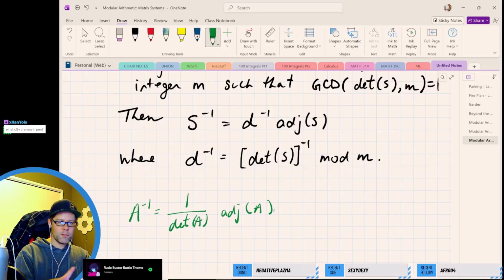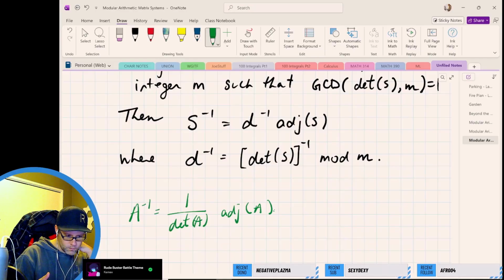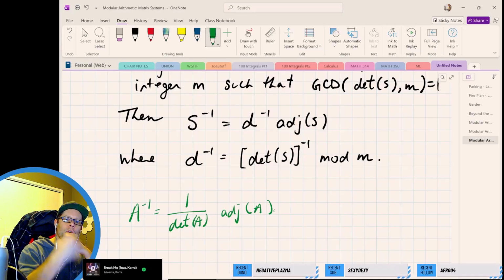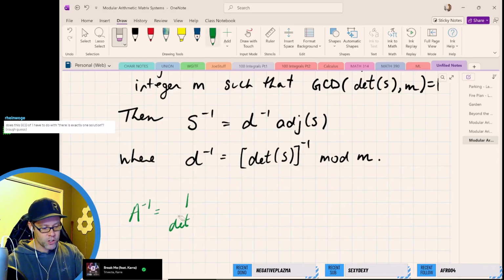So it's a very similar formula to what we would see from linear algebra. The only difference is this D inverse: instead of dividing by the determinant of S, we need to think about what's the congruence class that represents the inverse of this value that we get, mod M. So that's the only big difference, we're just converting this 1 over det A into something that works in the modular arithmetic world.